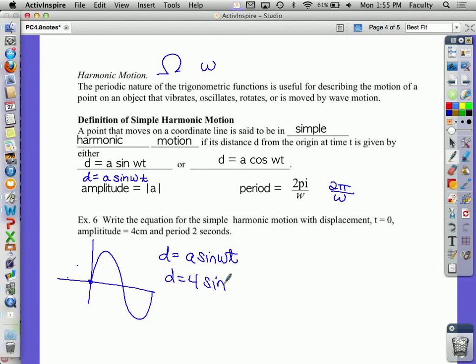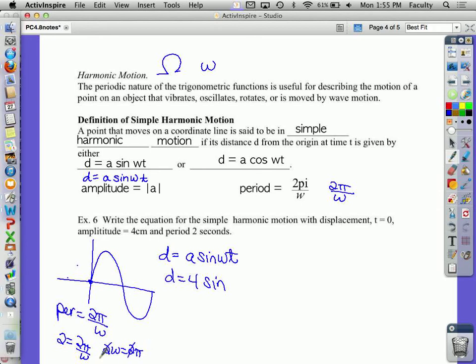Now something you need to remember, and I've mentioned it several times before, is that the period is 2 pi over omega, and the period is 2 seconds, so we can actually solve this little proportion. You can multiply by the omega and get 2 omega equals 2 pi.